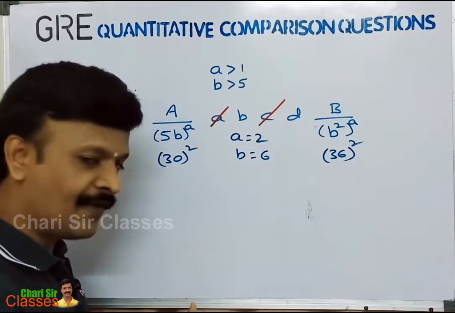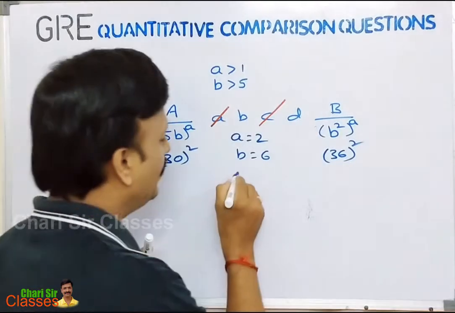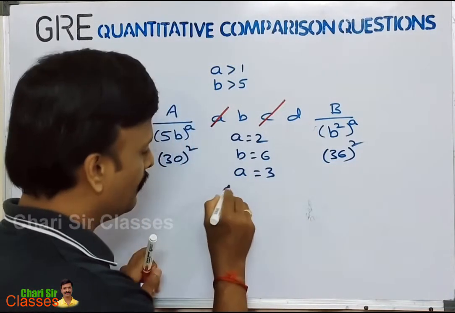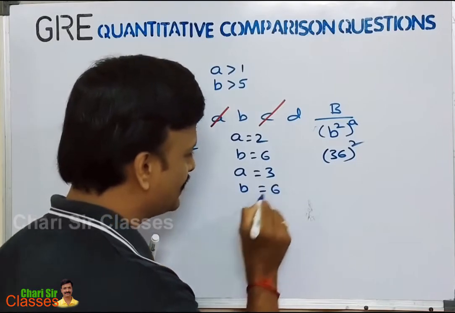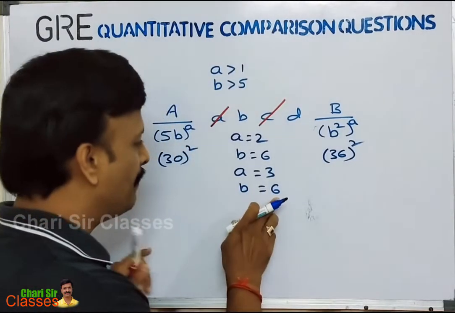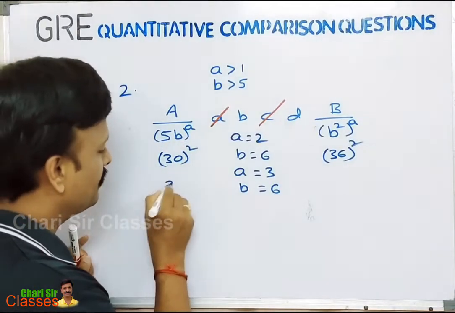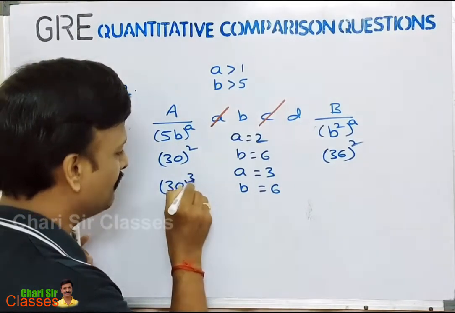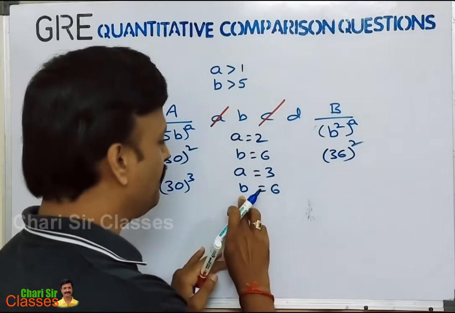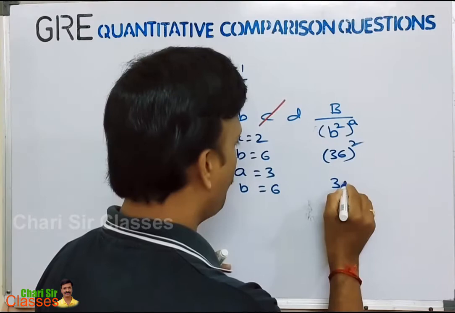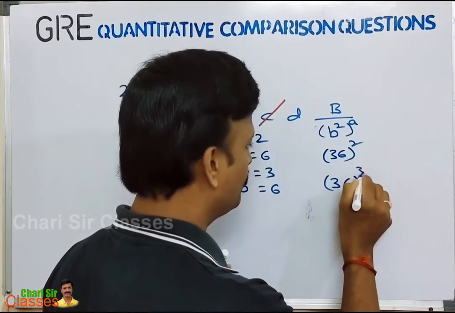When quantity B is greater, you can eliminate A and also eliminate C. Now we will try one more substitution: A equal to 3, B equal to the same 6. 6 fives are 30, whole to the power of 3, and 6 square is 36, whole to the power of 3.